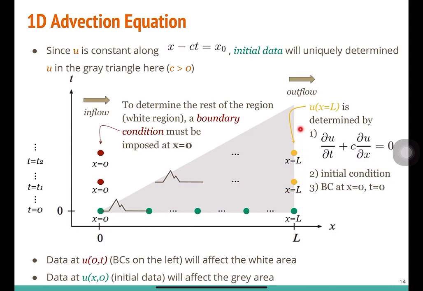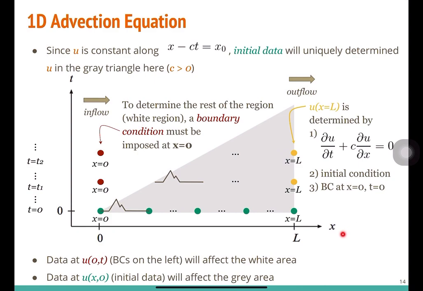And in here, which is the outflow boundary, we have a few options. It can be determined by the advection equation. You can always do the space differencing and time differencing, because it can depend on the values in the initial condition. So it depends on the values of the initial condition and also the boundary condition at x equal to 0 and t equal to 0, which is the initial condition and boundary condition at the same time.